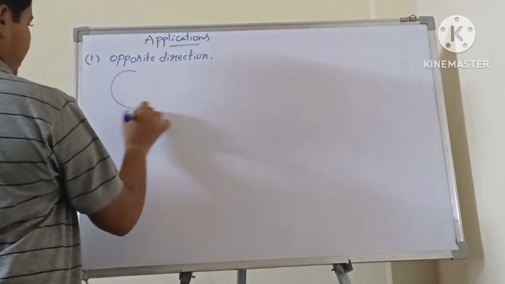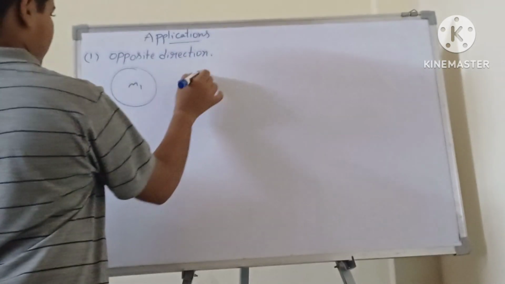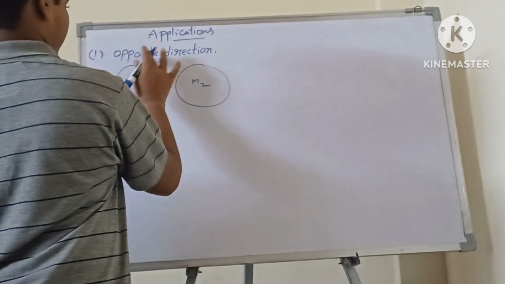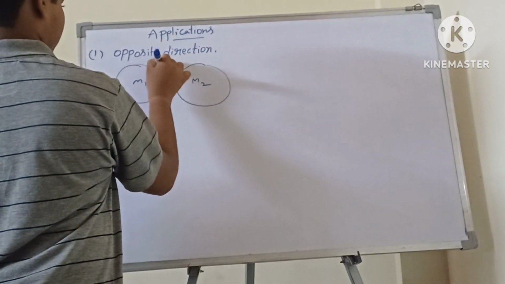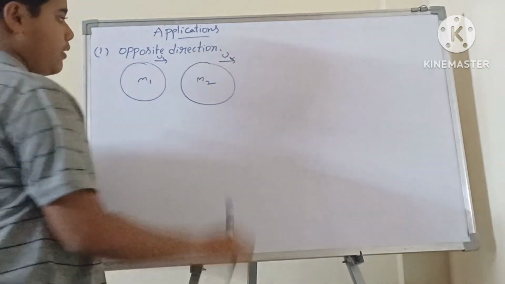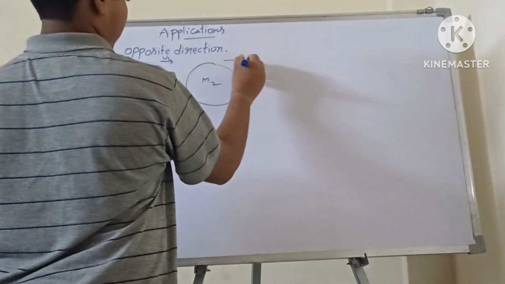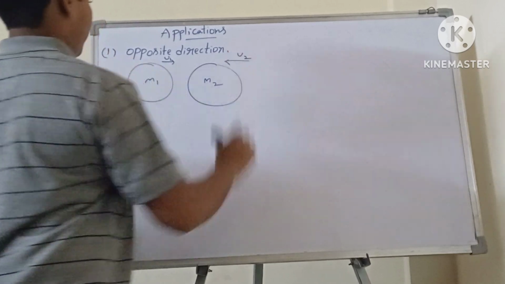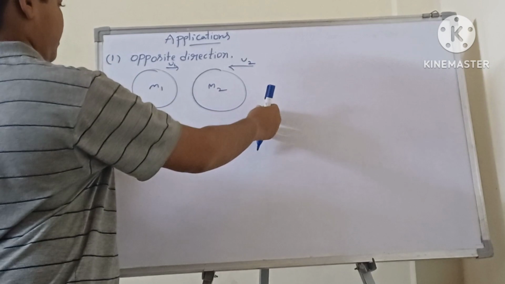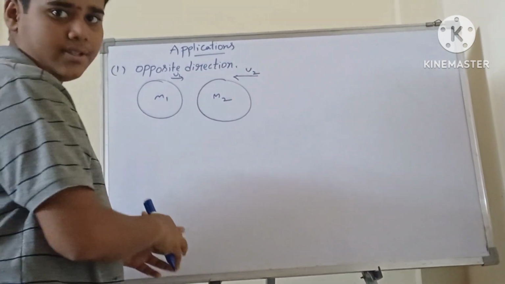So I am taking this is m1, m2, this is u1, u2. Here the opposite direction, they are moving opposite.